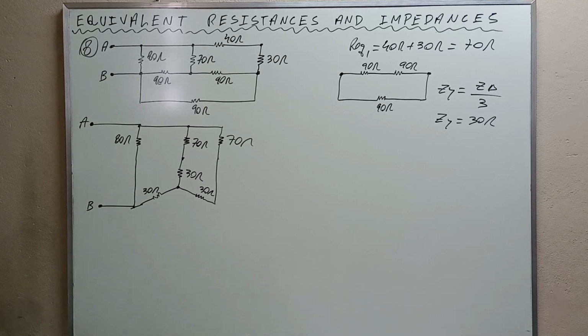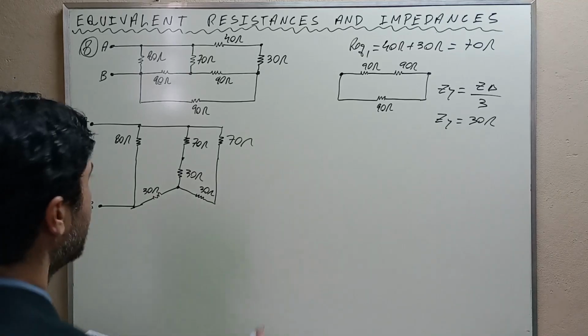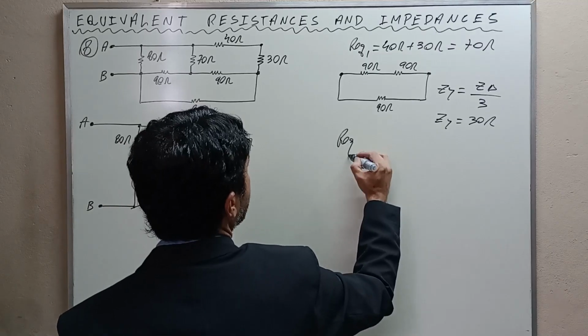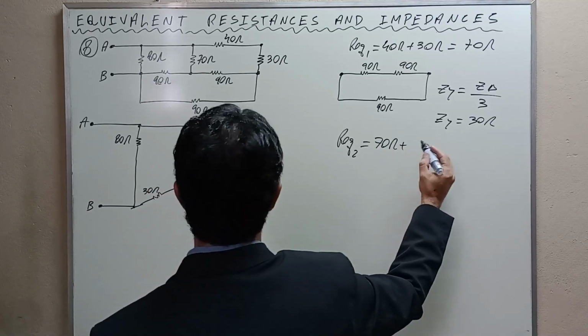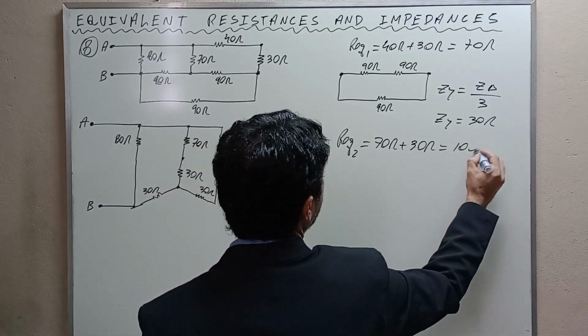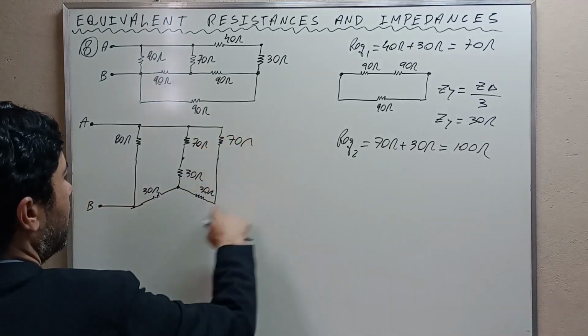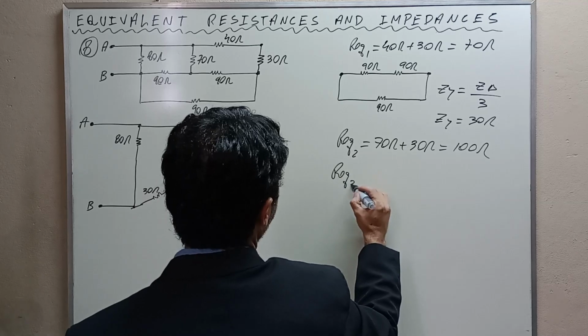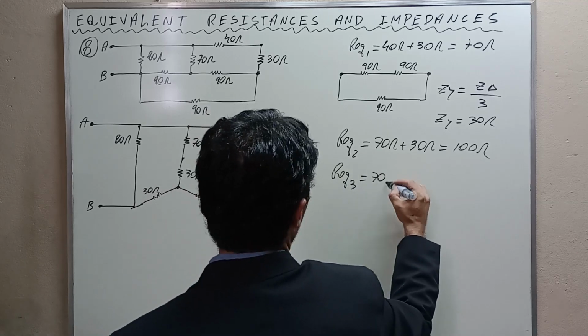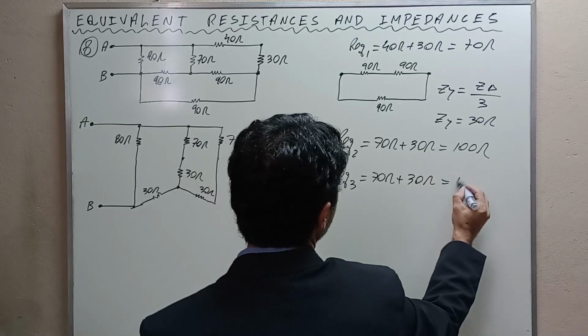In this new configuration, we observe that there are two series connections between a 30 ohms resistor and a 70 ohms resistor. Okay? Equivalent resistance number 2 is equal to 70 plus 30, which is 100 here, and the same here. Equivalent resistance number 3 is 70 plus 30, which is 100.